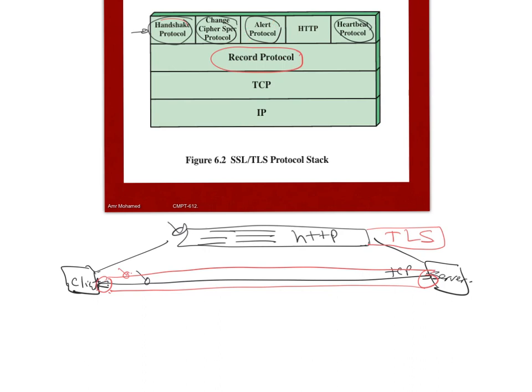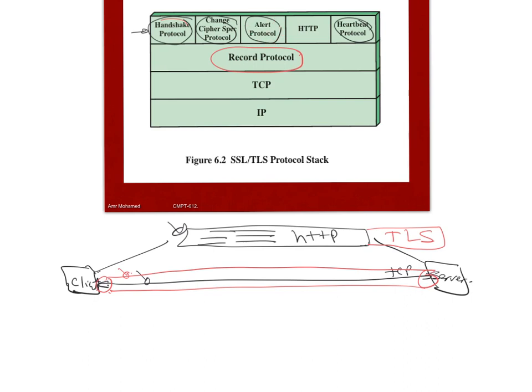One of them is the alert protocol. When we discover some weird behavior, the alert protocol may be used by the client or by the server to report some warnings or some errors, like suspicion of a replay attack or any kind of breach of the communication.